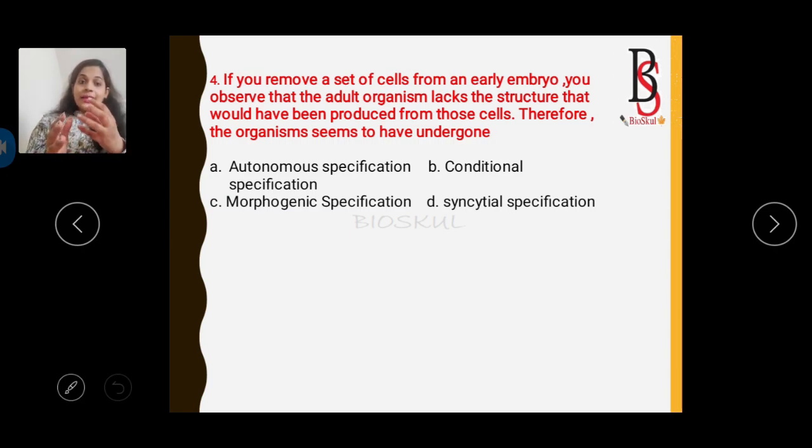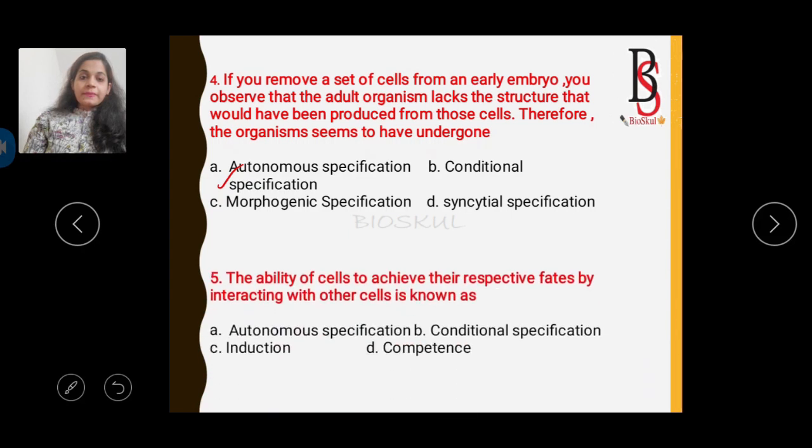If you remove a cell from the early embryo and the adult organism lacks that structure, then autonomous specification is the correct answer. If it were conditional specification, then the neighboring cells would interact with each other and form the lost part. But here the organism lacks the lost part, so it is autonomous specification.